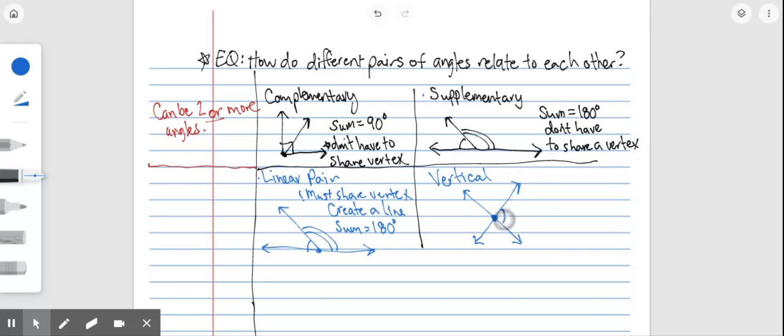For example, this angle and this angle, A and B, are opposite angles that share a vertex. And the special thing about them is that they are congruent. So angle A is going to be equal to angle B when you have vertical angles.